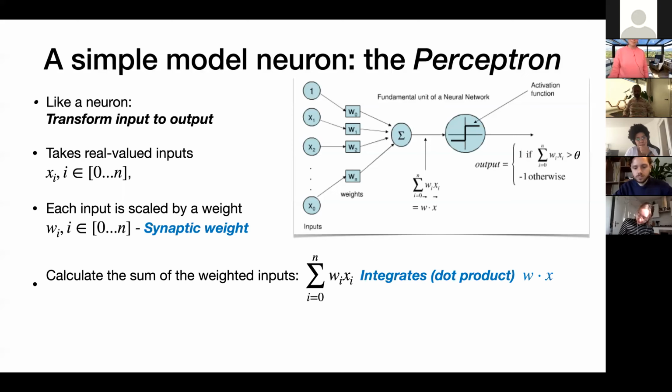Now, what this model neuron does is it integrates the inputs. So similar to this very complex dynamic type of thing that happens in the biological neuron, that integrates all the information for the neuron to decide whether it's going to fire. Here, that is simplified to a dot product. So that means we just in place multiply all of the weights with all of the inputs and then sum them.